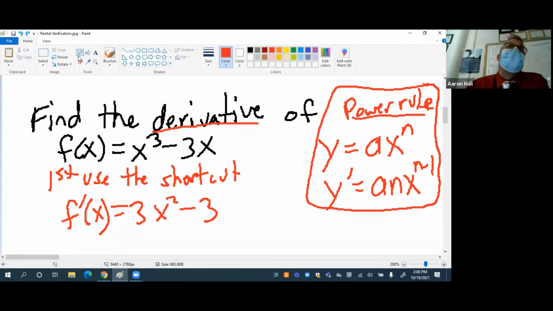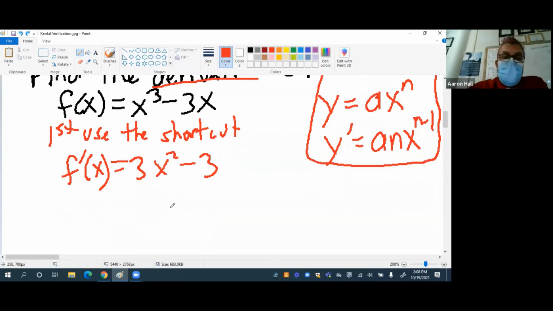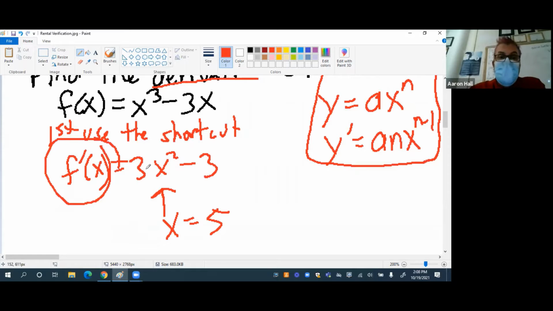Finding the tangent. I'm finding the slope of the tangent at any x value, correct? So if I wanted to know what the slope was when x is, I don't know, 5, I would just plug in 5 right there for x, and that would tell me then what the slope is when x is 5. Yep.